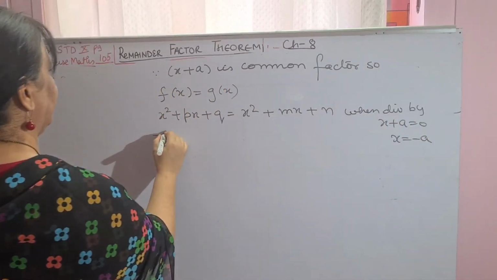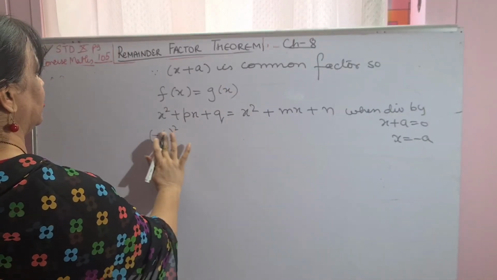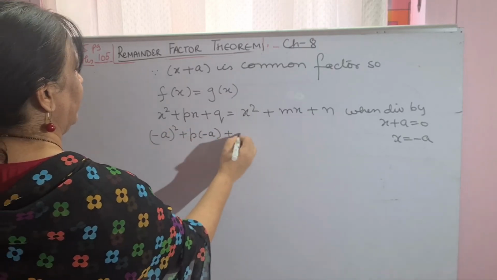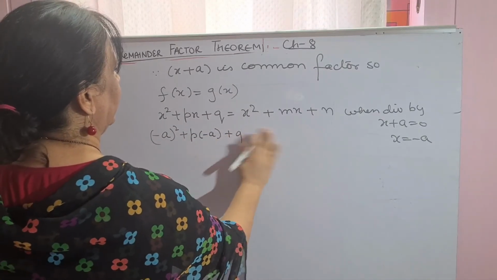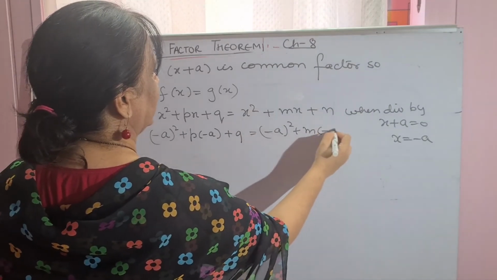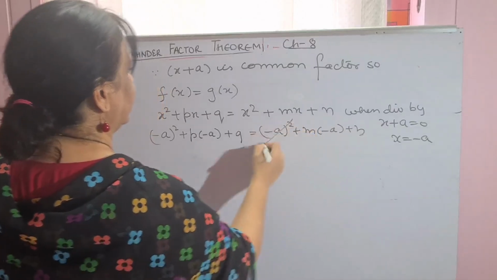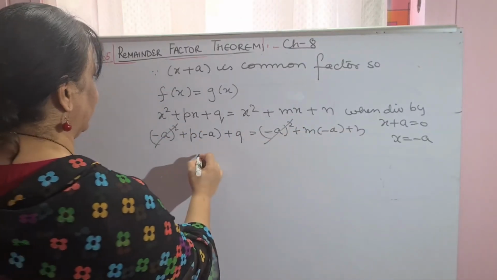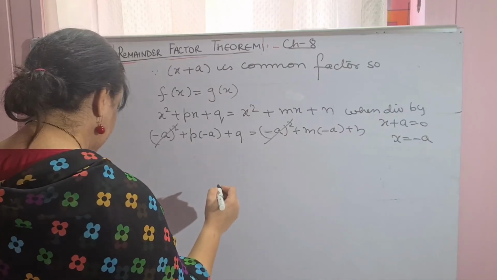So see, in place of x you put minus a square plus p into minus a plus q again equal to minus a square plus m into minus a plus n. This cancels and they want you to get the value of a, so you get the a on one side.